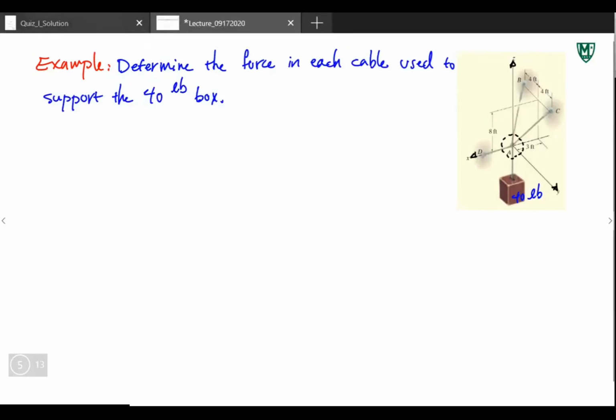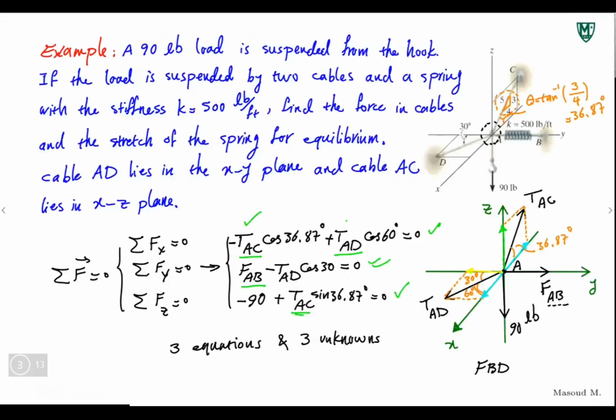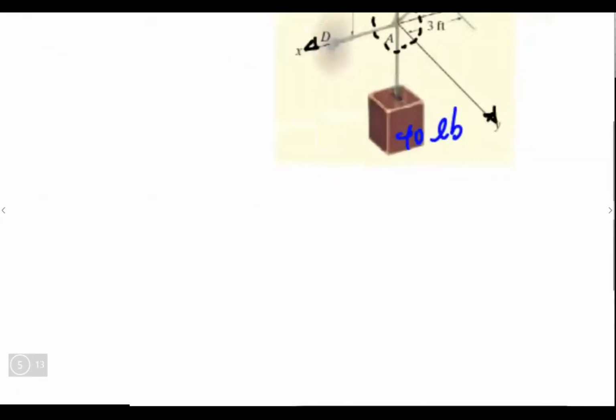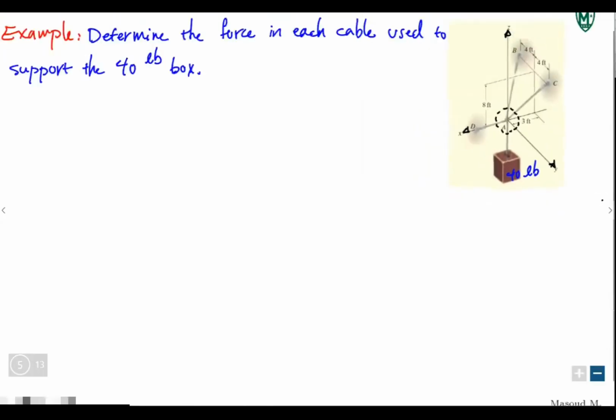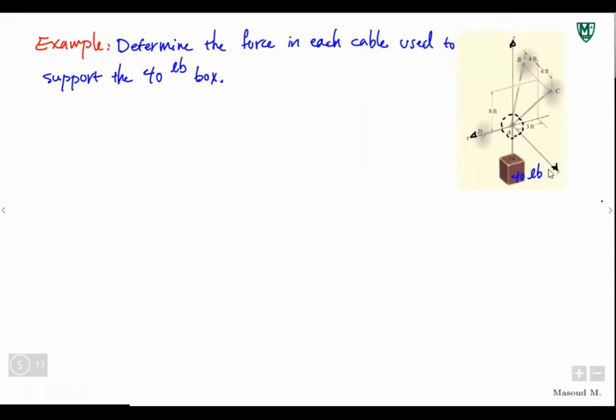I don't remember if I drew the free body diagram in green. Not that it matters, but I just want to make sure we are relatively consistent with coloring. So we're going to draw it with green, following the same approach.